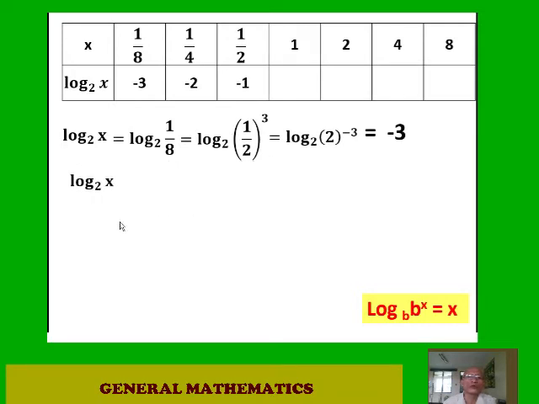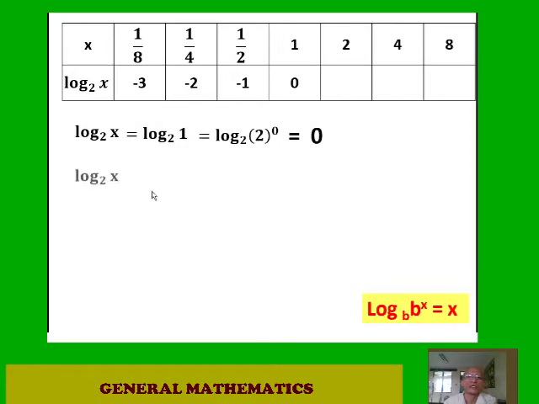Next, if x is 1, substitute x with 1. 1 can also be equal to 2 to the 0. 2 to the 0 is equal to 1. So they have the same base, 2, and the value of this logarithm is equal to the exponent 0. Next, if we substitute x with 2, 2 is the same as 2 to the power of 1, so the value of this logarithm is 1.